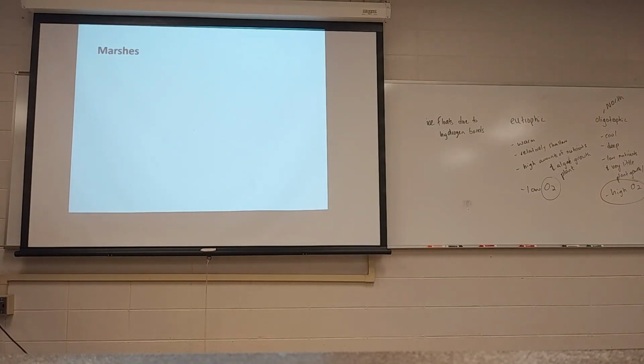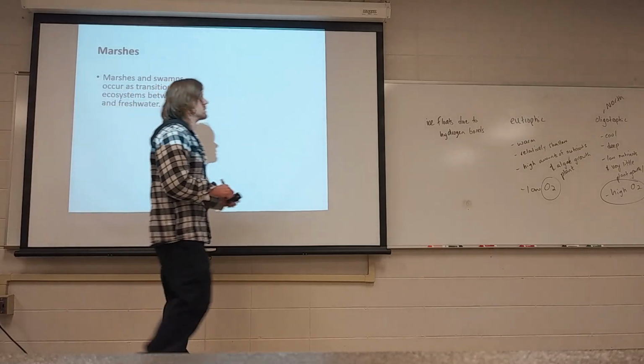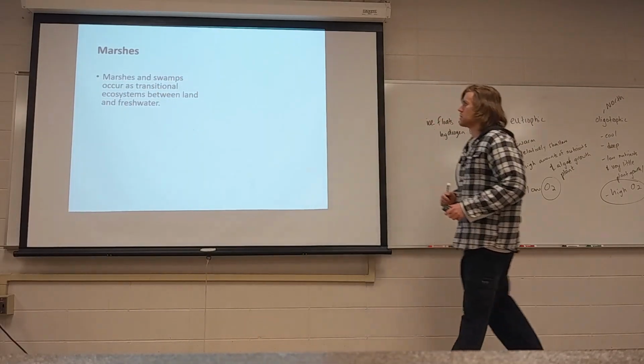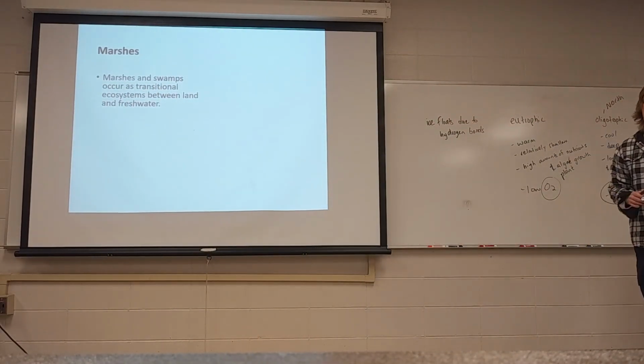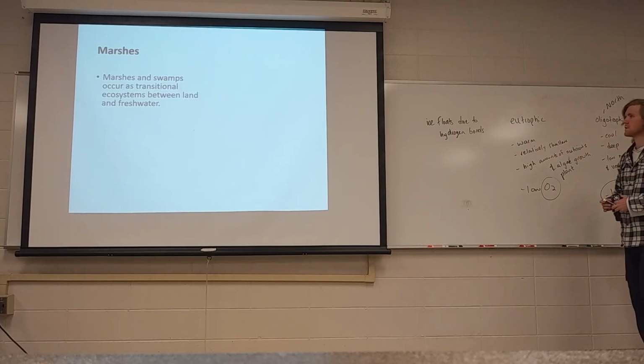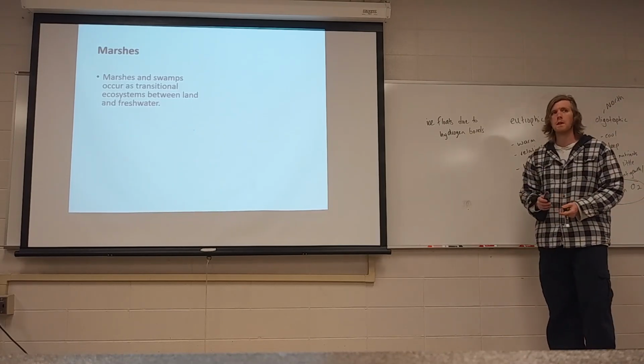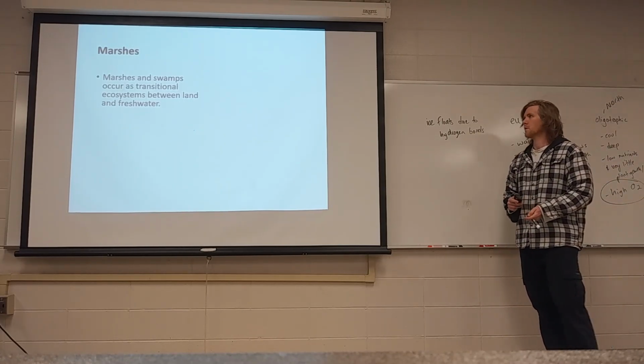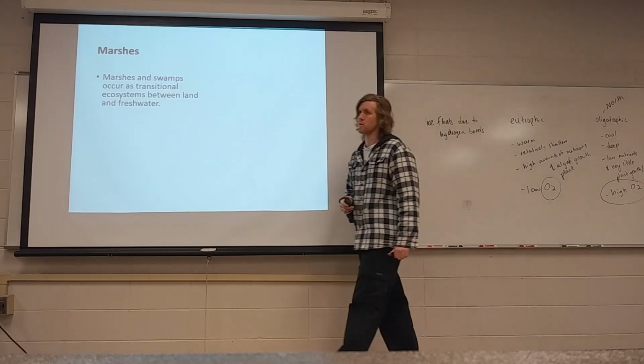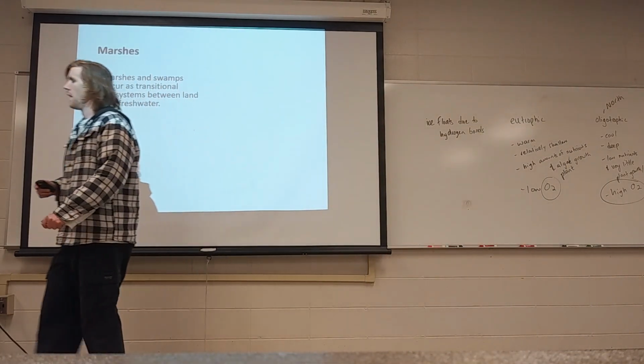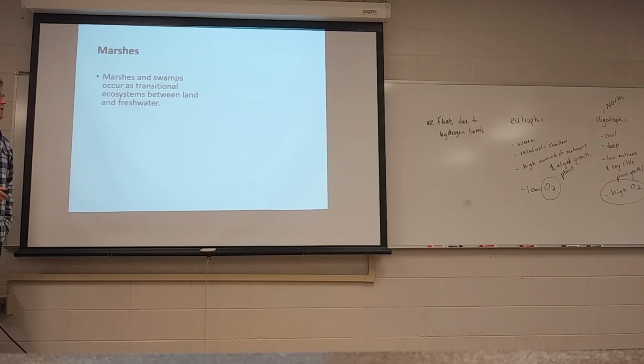And last but not least, just a couple of additional freshwater ecosystems. Marshes and swamps, I know you've heard of them. They both occur as transitional ecosystems between land and fresh water. Unfortunately, a lot of them have been drained and modified for agriculture.